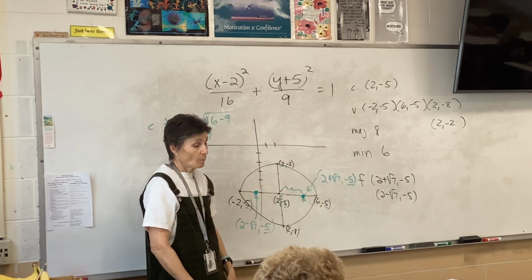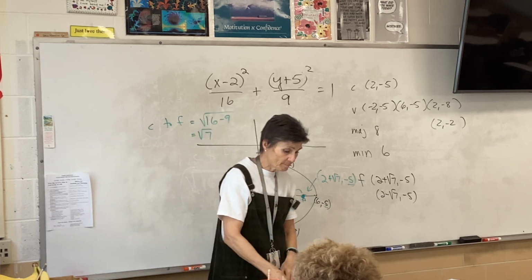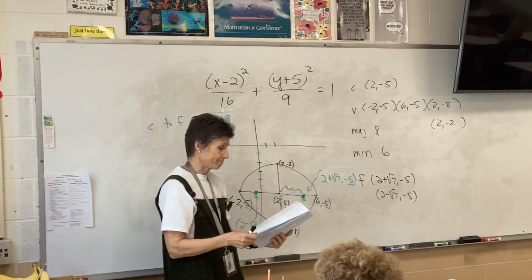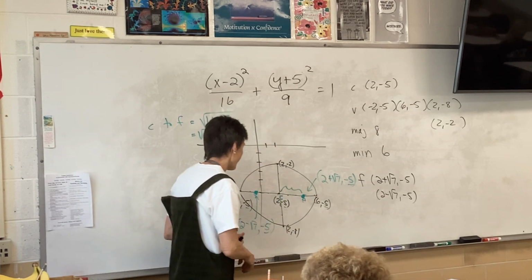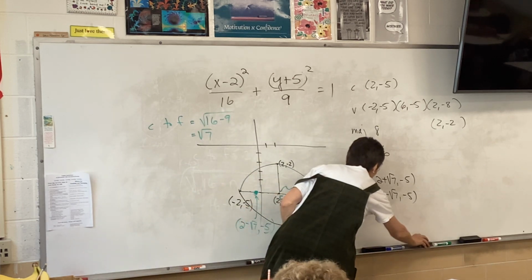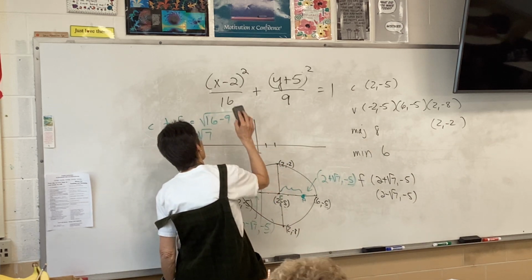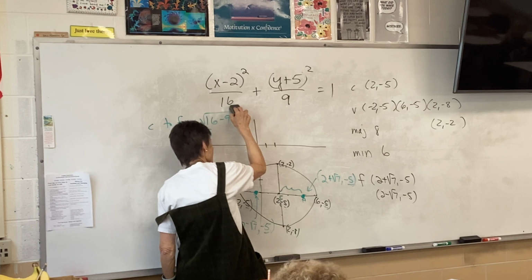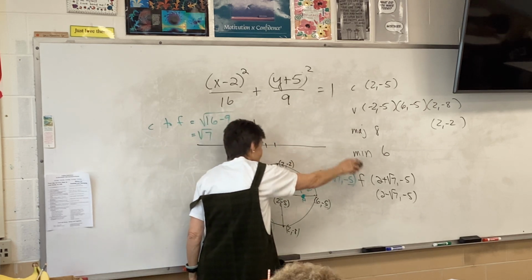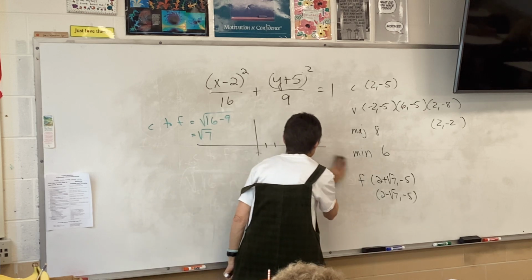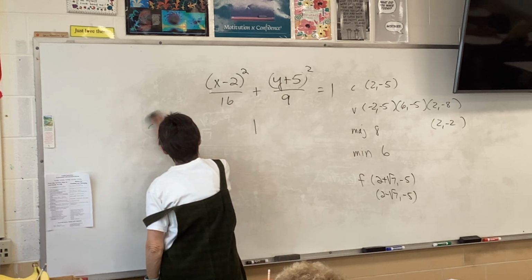Okay, and we have one more conic section, and that is the hyperbola. Tomorrow's quiz is over the ellipse. The equation just like this. You're going to find that information. Hopefully you wrote that down so you can go back and look at it.